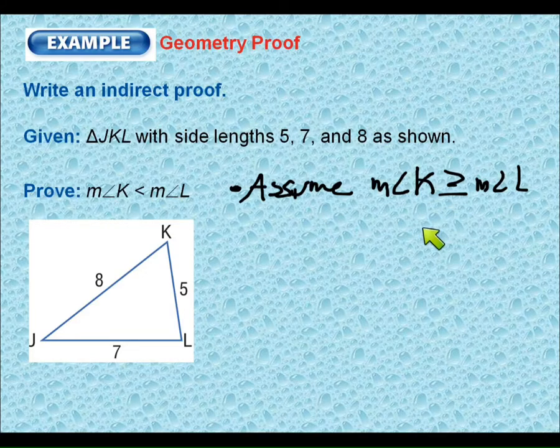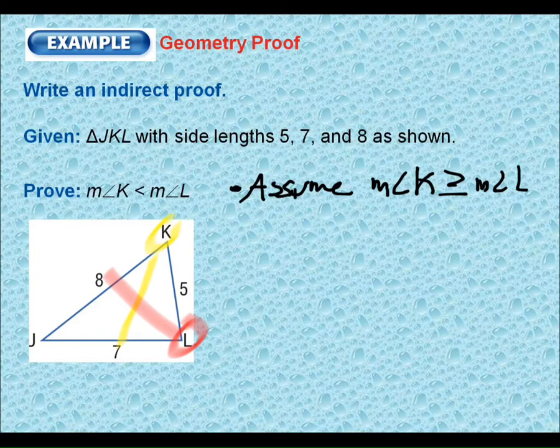Now we need to use this assumption to arrive at some contradiction. Angle K is here and it's opposite side 7, and angle L is here and it's opposite side 8. Remember those theorems we did a couple classes ago? If an angle is opposite a larger side in a triangle, it's a larger angle.